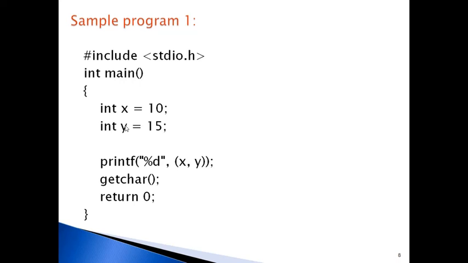If there is only one format specifier in the printf, then we use only one argument. But here we are using only one format specifier, that is %d, and in the argument list we are using two variables, two arguments, x comma y, mentioned in the parentheses. Now which variable does the compiler take, and which value does it print?